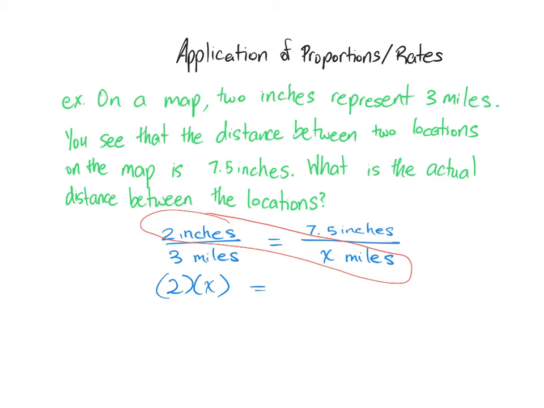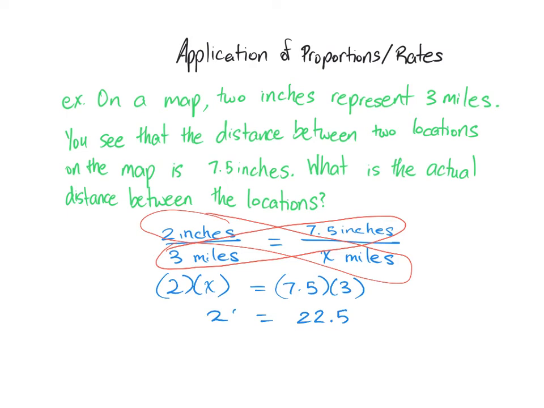All right, and so that is going to be equal to, now we do the bottom left and the top right, and we multiply those values, and we get 7.5 times 3. All right, so now we can go ahead and simplify our right side. And when we multiply those two numbers on the right side, we get 22.5.